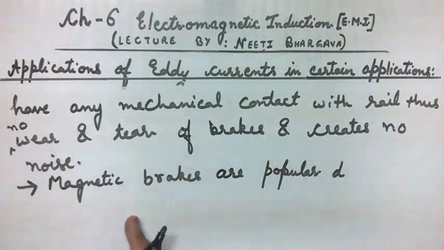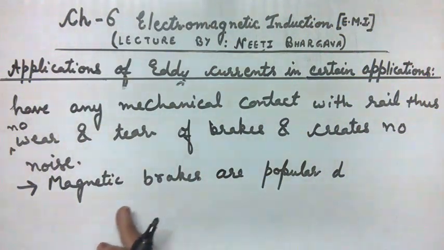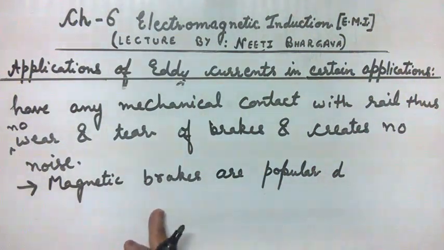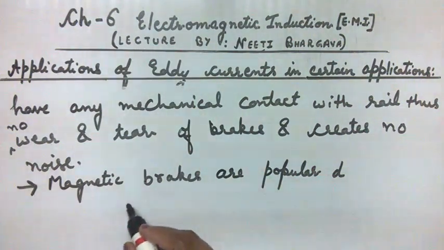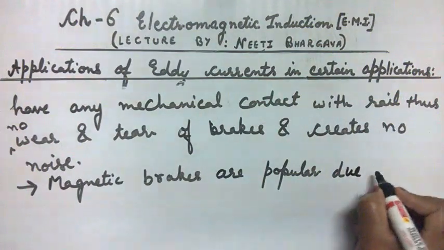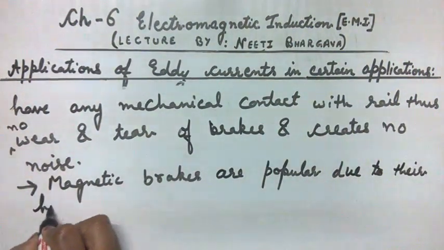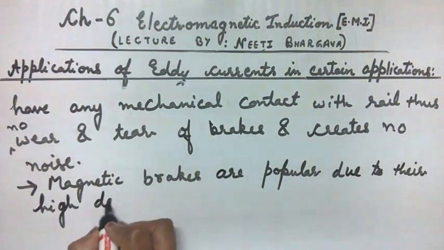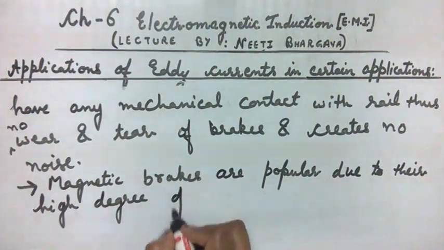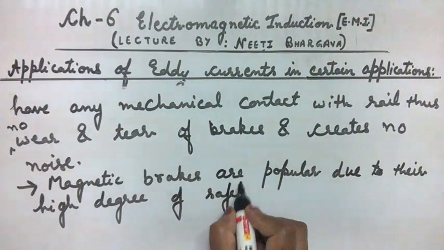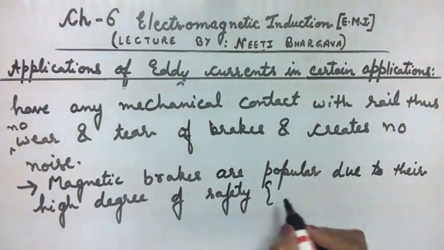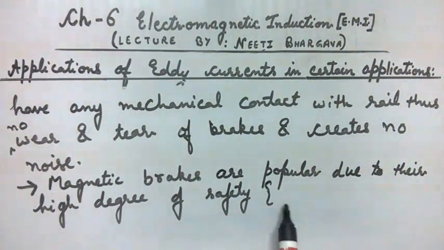But if we use frictional brakes, then they will get affected by rain. High degree of safety, it depends on only magnetic properties and resistance.